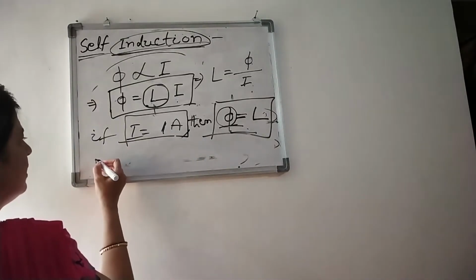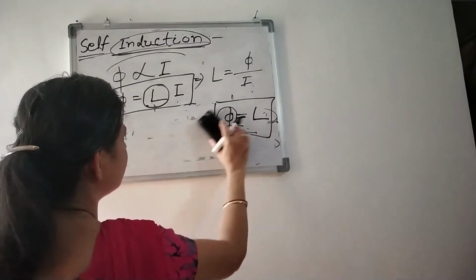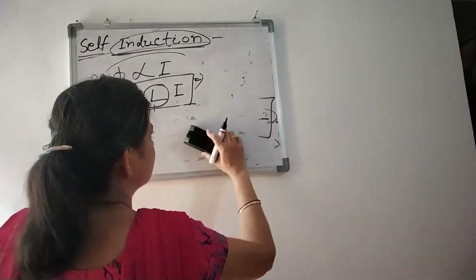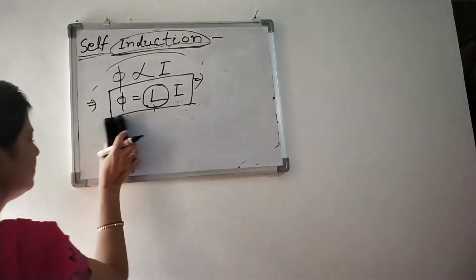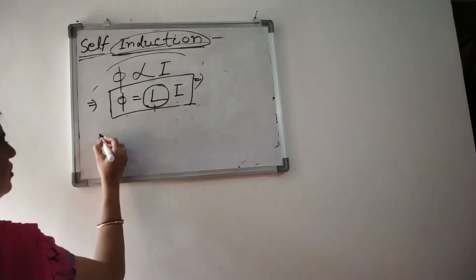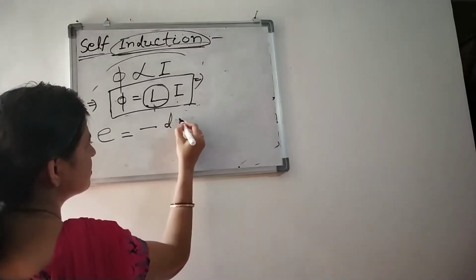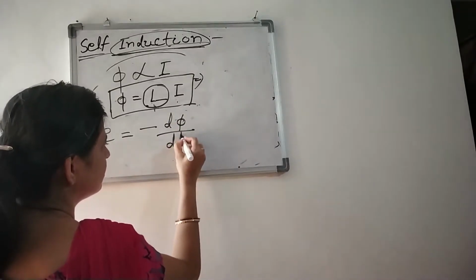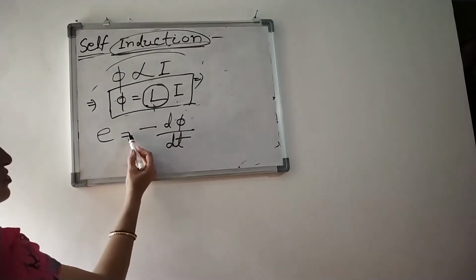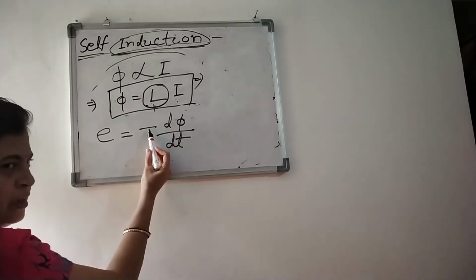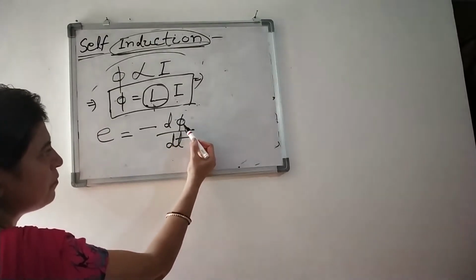Second, again according to Faraday's laws of electromagnetic induction, we know EMF E is equal to minus d phi by dt. That means EMF is equal to the negative rate of change of magnetic flux.